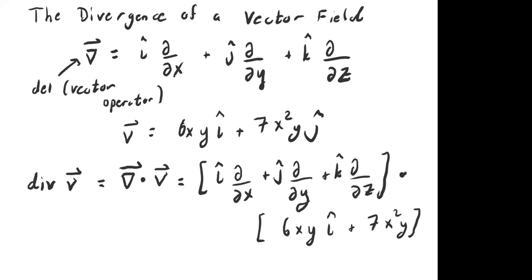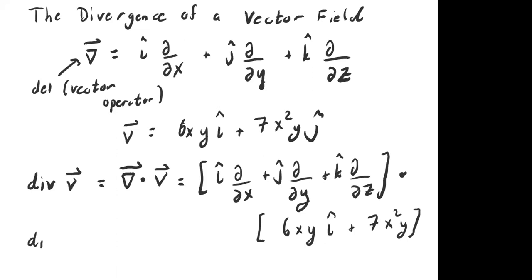Now, in principle, I should get 9 terms when I evaluate this dot product. But it turns out, because of the properties of the unit vectors, which we've seen before in Cartesian coordinates, of these 9 terms, 6 of them are going to disappear.